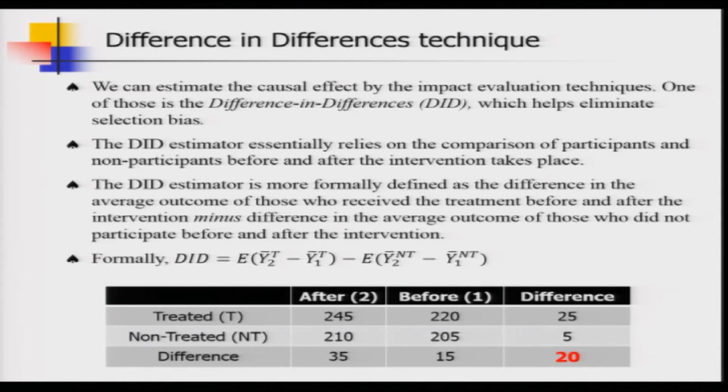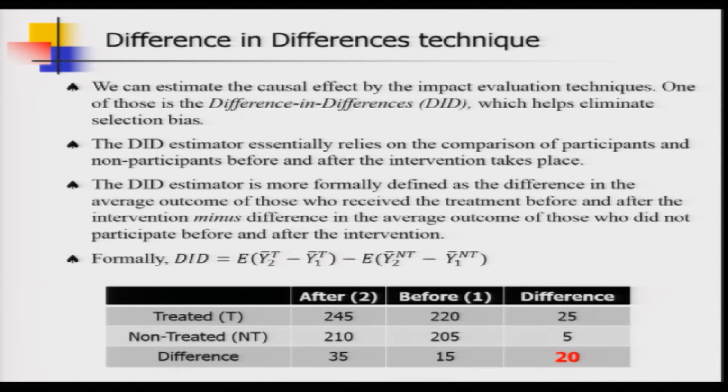Now, you see that the difference for the treated participants between the before and after scenarios is 25, and for the non-treated participants the difference between the after and before time periods is only 5. Then you have to take the difference of these two differences that you have computed, and you get the number 20.